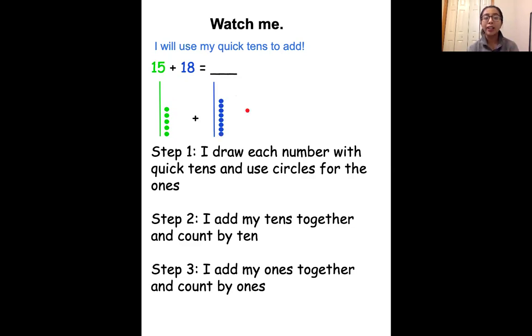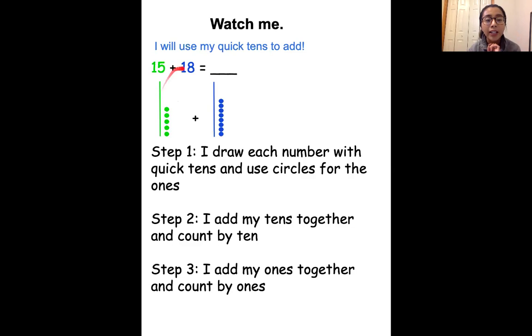The next step is to first start off by adding my tens together. 10, 20. And I cannot forget the ones. I can't keep counting by tens because I already counted my tens, so I have to start counting by ones.